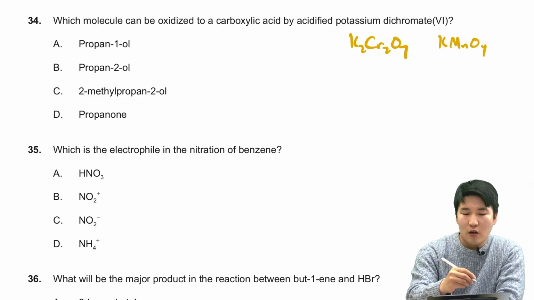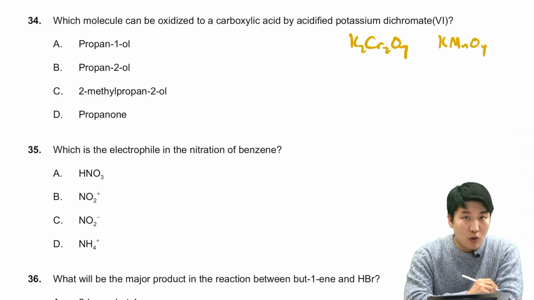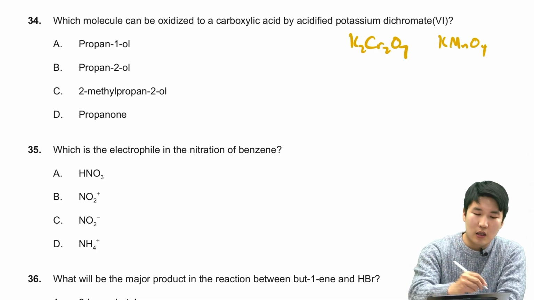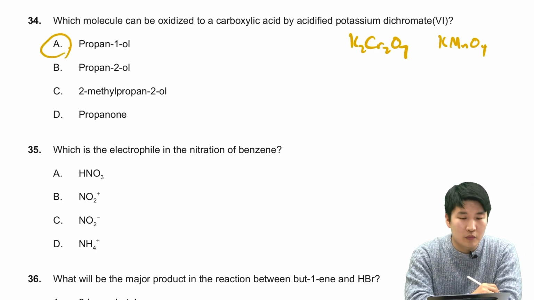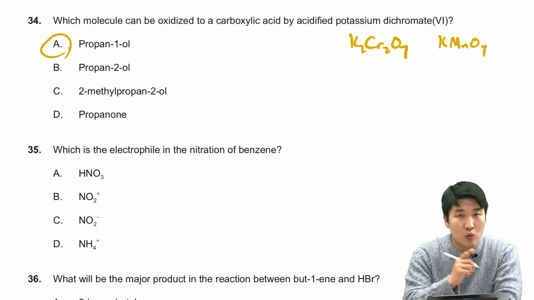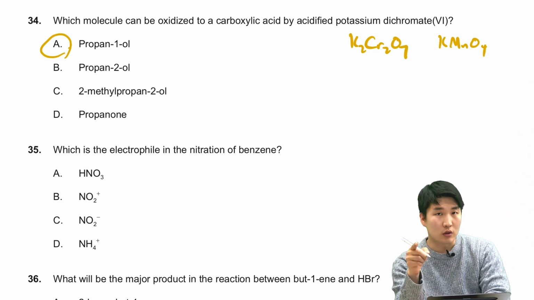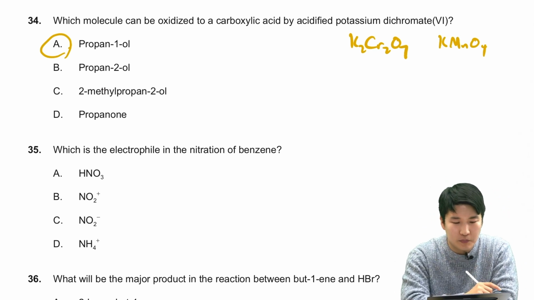We're given 3 alcohols, out of which we have to find the primary alcohol, that is prop-1-ol. Prop-2-ol, because it's a secondary alcohol, will only give propanone and not propanoic acid.